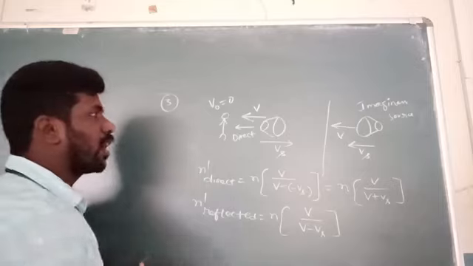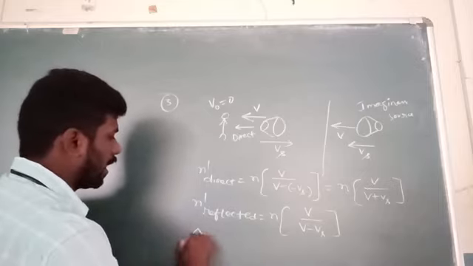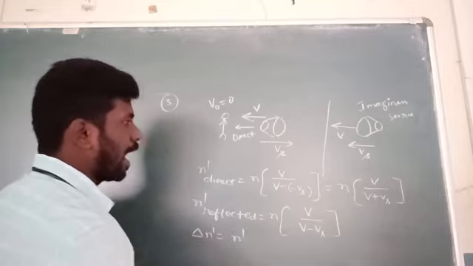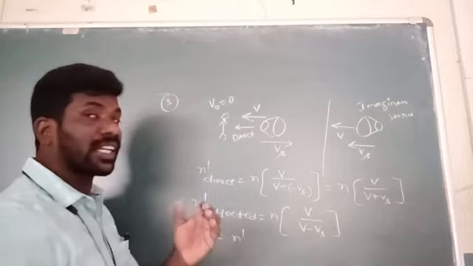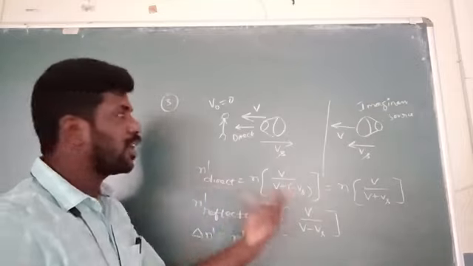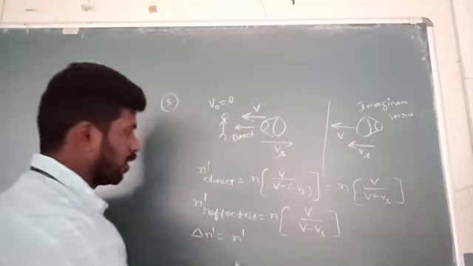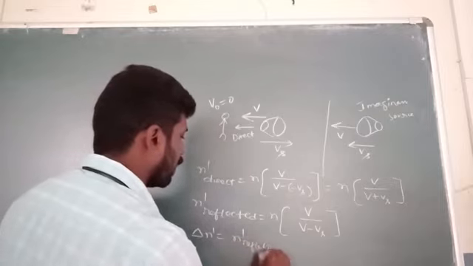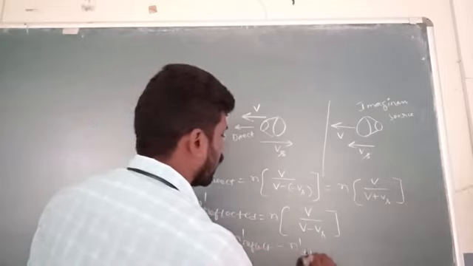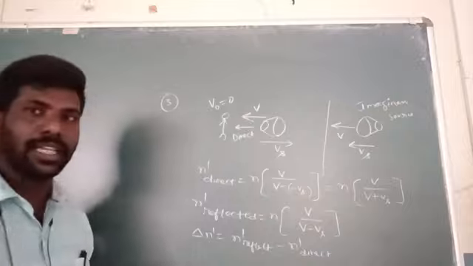There is a condition for change in apparent frequency. Delta n dash equal to n dash reflected minus n dash direct. In this condition, the reflected wave has more frequency than the direct.